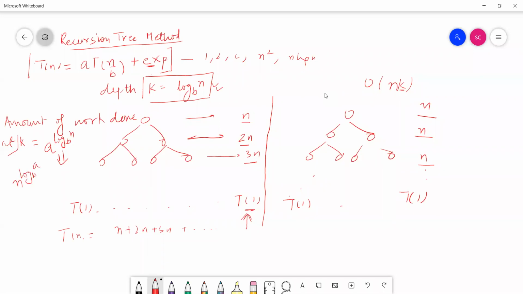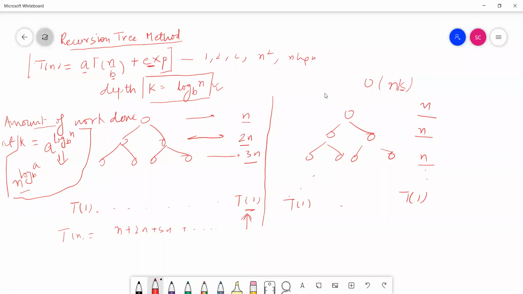So remember this also. Always remember this. In case the amount of work done is different at every level, then the amount of work done at the last level is n to the power log b base a, or a to the power log b base n, where a is this quantity, b is this quantity. Is this clear? Yes, sir. Clear to everybody?